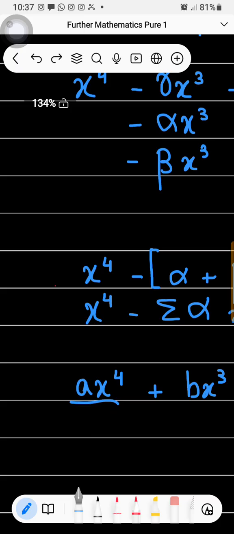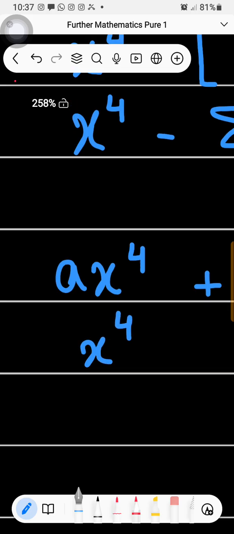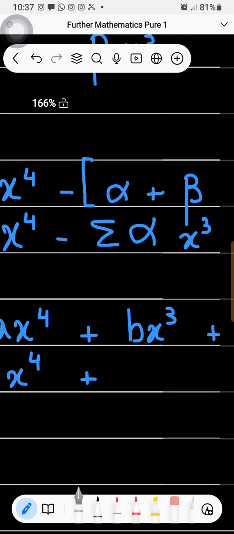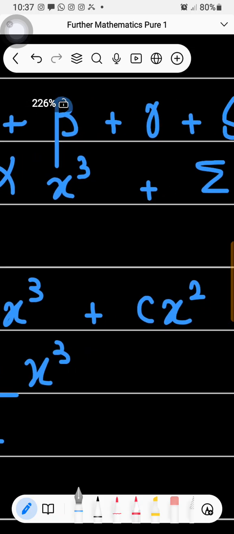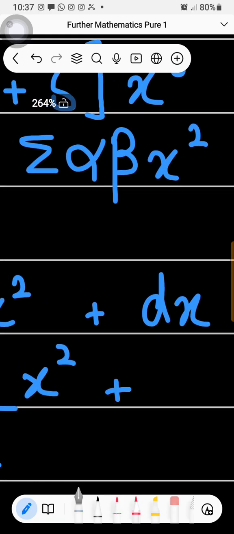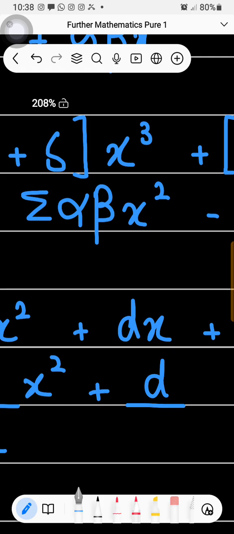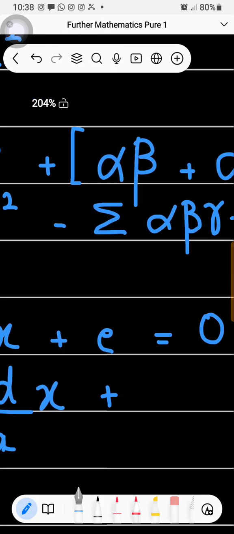It becomes x power 4 plus b upon a x cube, plus c upon a x square, then plus d upon a x, then plus e upon a equal to 0.